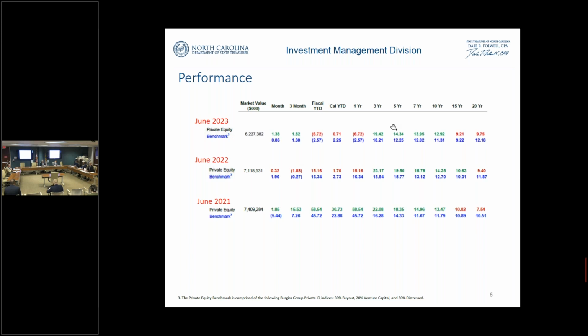Well, you've almost created a fund of funds within the treasurer's office. You could almost compare to other fund of funds to see that performance. It's true, but I don't know if there's truly a fund of funds benchmark. Matt, do you remember? Is there a fund of funds figure for benchmark? There could be.